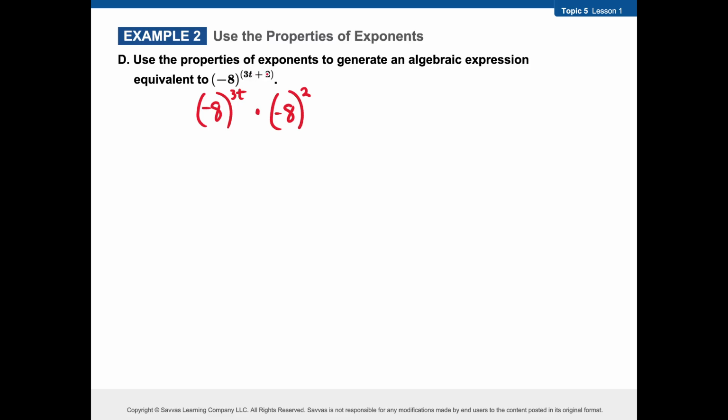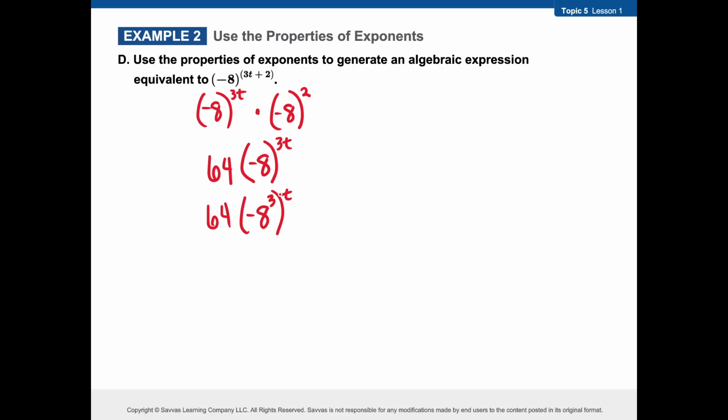Since they are not like terms, they cannot be added together. Out of these two, the only one that I'm able to simplify is negative 8 squared. That becomes 64. Bring down my negative 8 to the 3t. Power of a power is multiplication, so I can separate 3t and put negative 8 to the 3rd power and t on the outside.